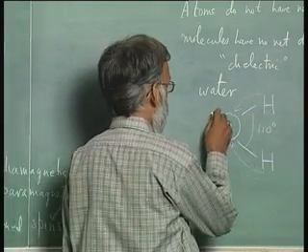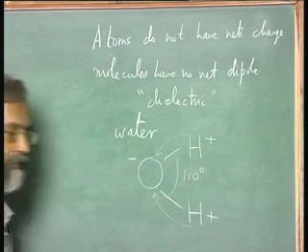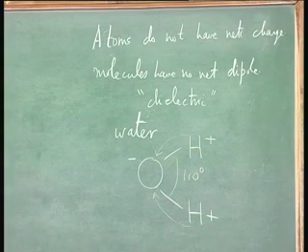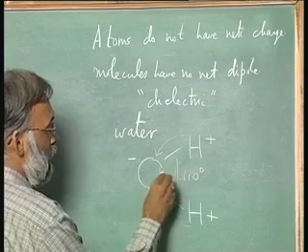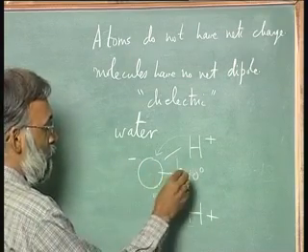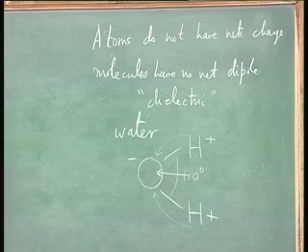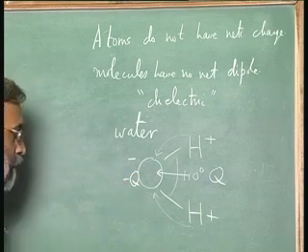So, there is a net negative charge here and there is a net positive charge on the hydrogens. The result of this is that there is a net dipole moment. I am not sure which way the arrow is put, but there is a q and there is a minus q.